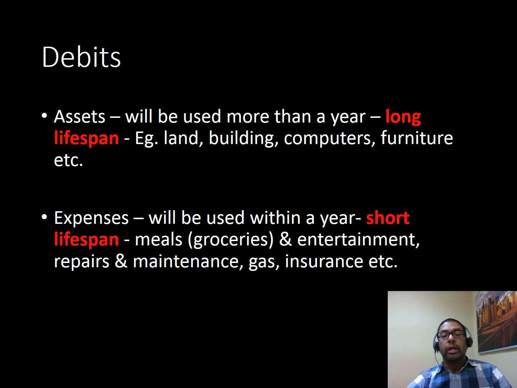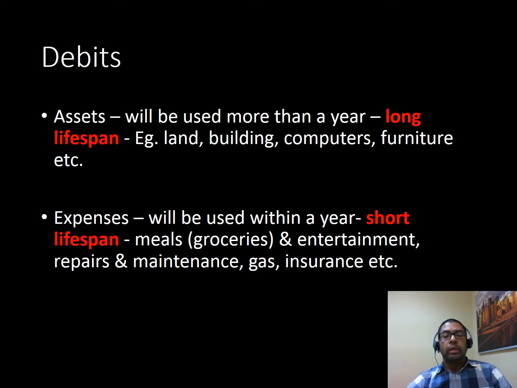Now, for example, if you pay insurance for 2 years, if you pay the 2 years insurance expense, you might be thinking, how can you call this an expense? Because its lifespan is going to run for a period of more than 1 year.